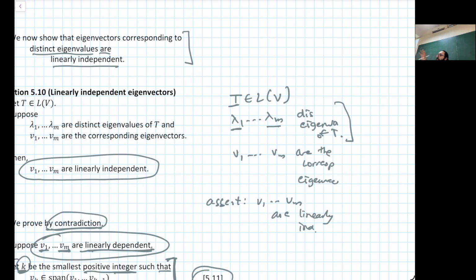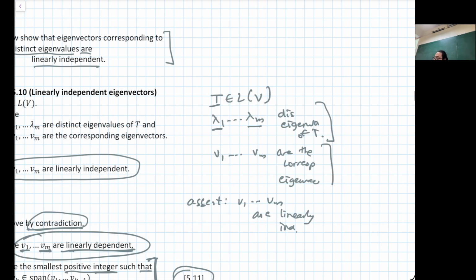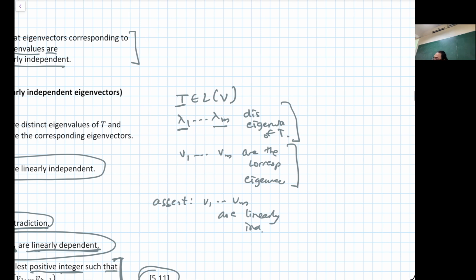It's just T times some vector gives you lambda times the same vector. And the Vi are the corresponding eigenvectors. So it's equivalent to saying that T acting on Vi is lambda i times Vi. And we are assuming they're distinct. This is important, that none of the lambdas repeat. Because, for example, if you take the identity matrix, it has eigenvalue 1 for all eigenvectors. So it can repeat. But here we are taking operators such that the eigenvalues are distinct.